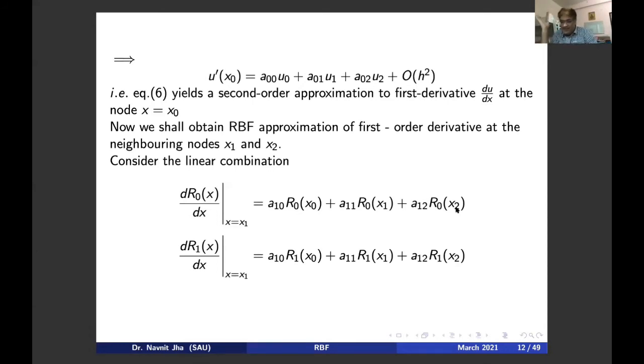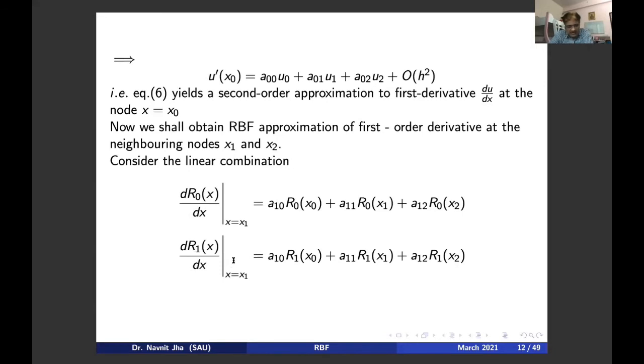The values may be the same, I don't know in advance, but they must be different because I am calculating the RBF approximation at another point other than x naught. So that is why I have changed the notation here. I have written a10, where the 1 on the left stands for point 1.